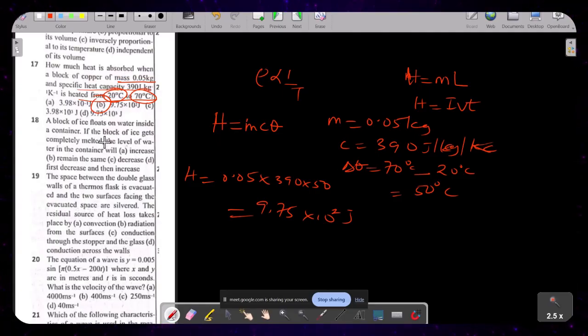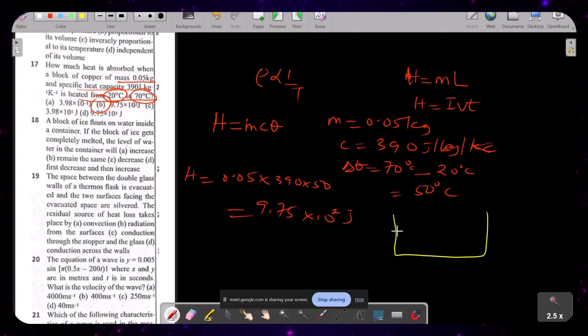All right. Question number 18 says that a block of ice floats in water. Quickly, let me answer question number 18 before we end this call. When you have a block of ice, this obeys Archimedes principle.